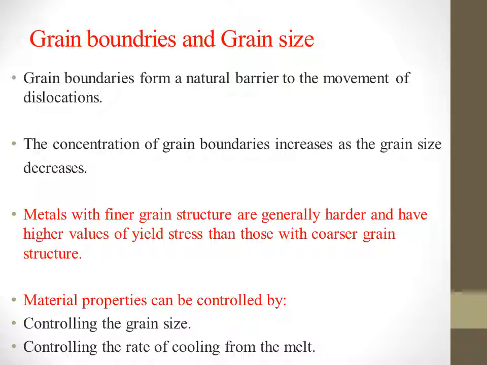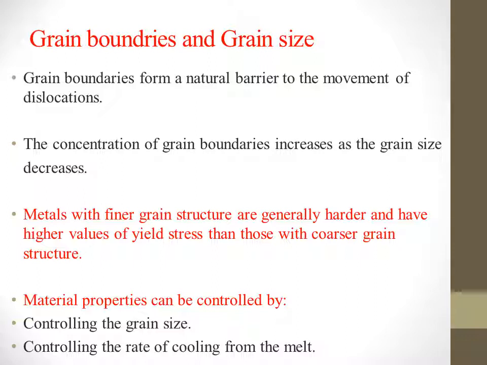So metals with finer grain structures are harder, which means they are more difficult to move or dislocate, and have higher values of yield stress than those with coarser grains. So we prefer metals with finer grain, but the only drawback is that they are less ductile.